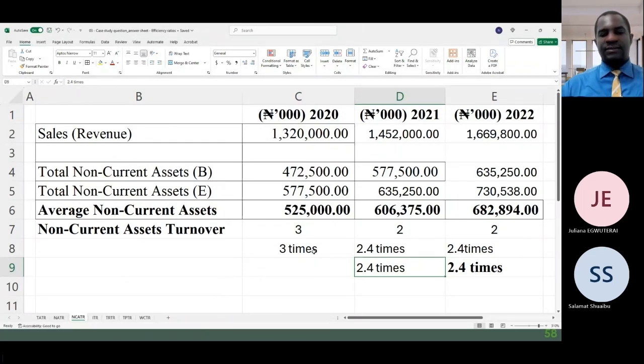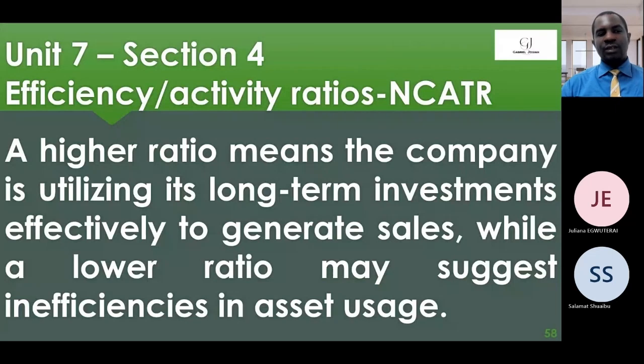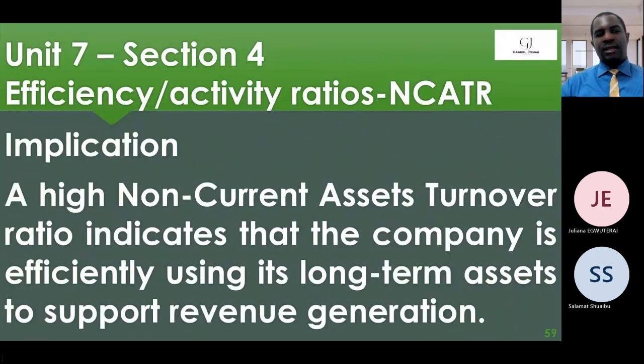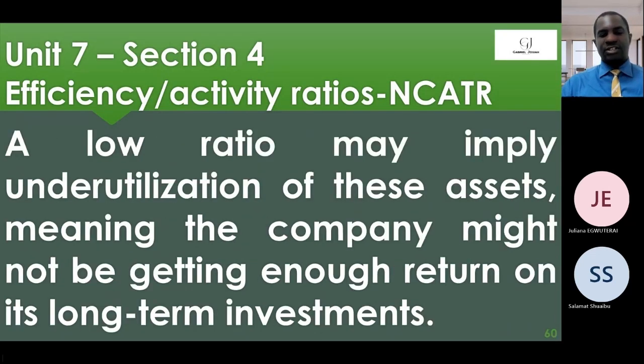That's what it means. Now, the implication is that a higher non-current asset turnover indicates that the company is effectively using its long-term assets to support revenue generation, while a low ratio implies underutilization of assets. Meanwhile, the company might not be getting enough return on its long-term investments in those assets.